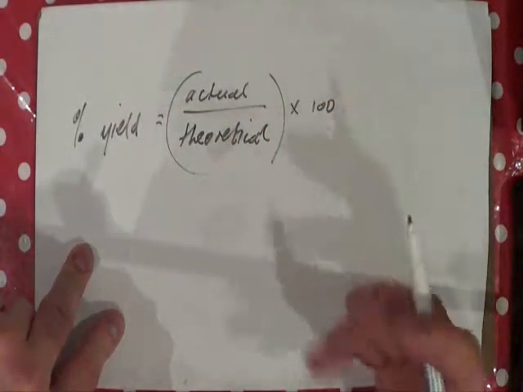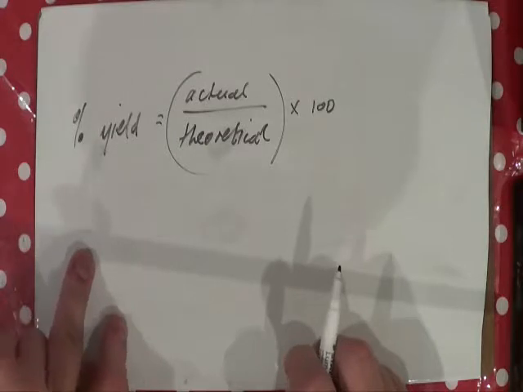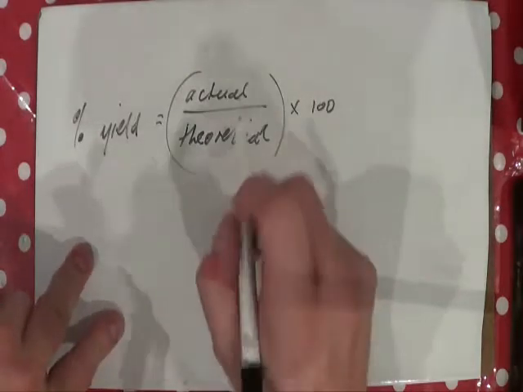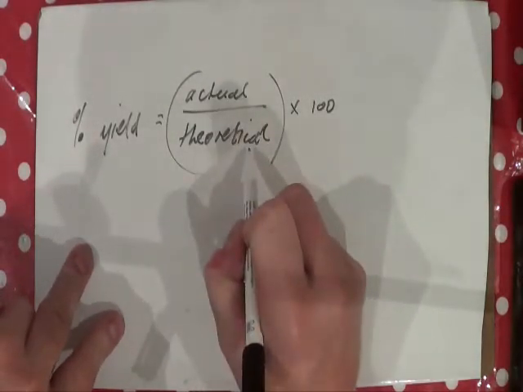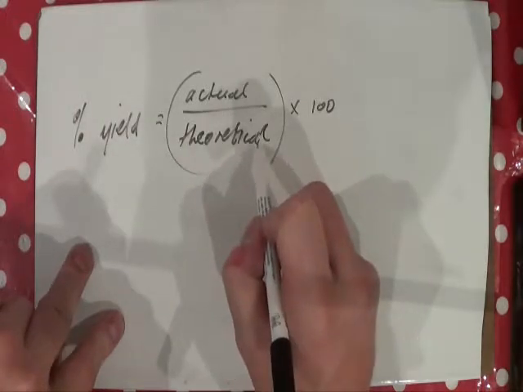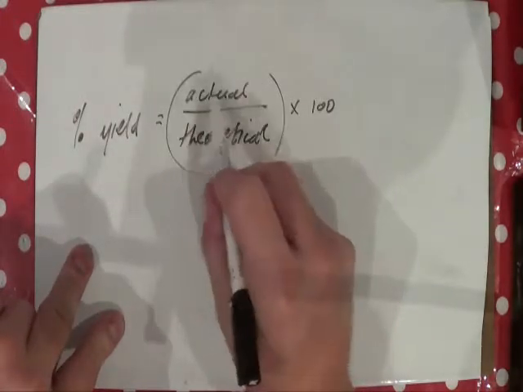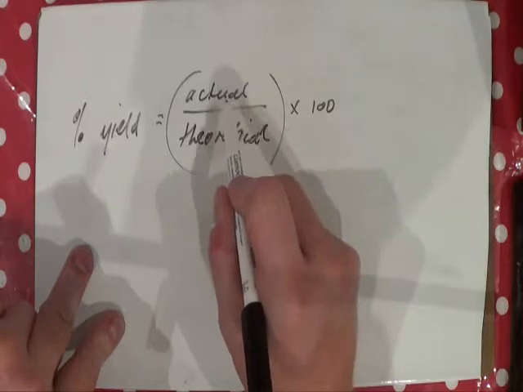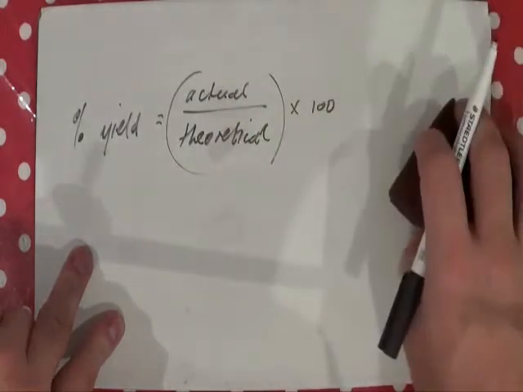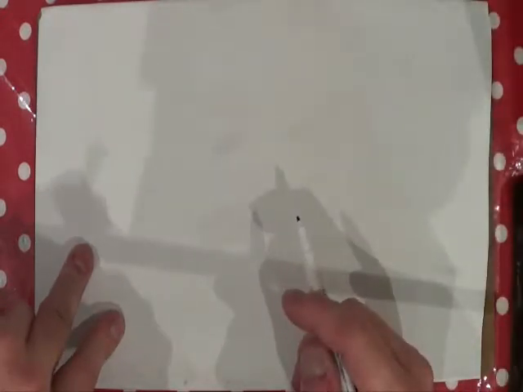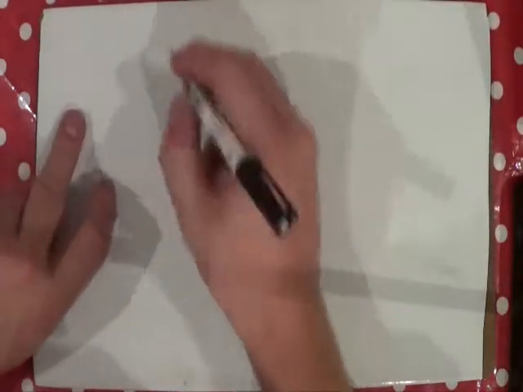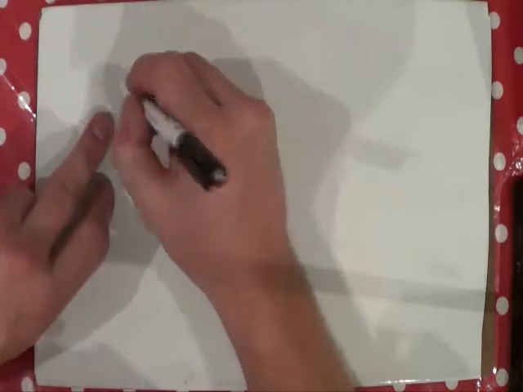So that's the calculation. You have to know that calculation. You then have to be able to calculate out your theoretical yield, and that's essentially doing the moles calculations we did previously, and the actual yield will probably be given to you in the equation. So let's see why there would be a difference in these two values of actual and theoretical.